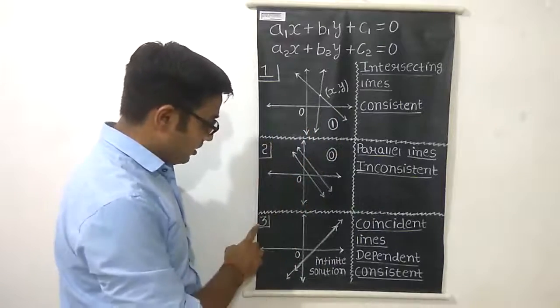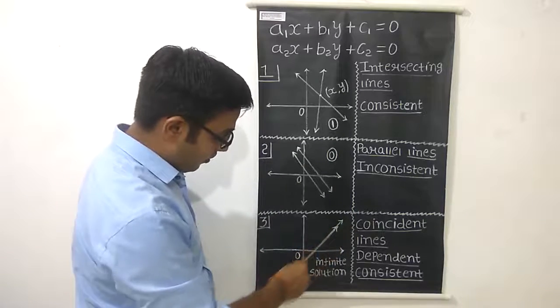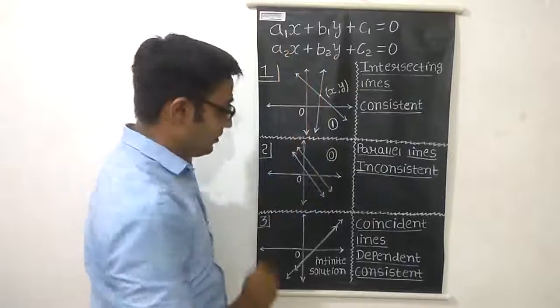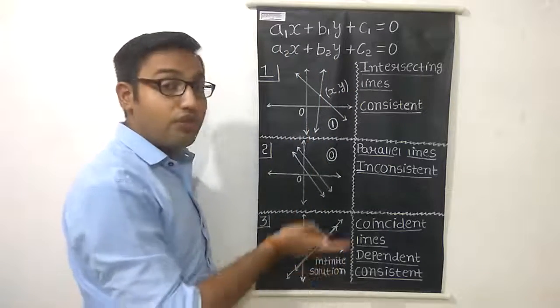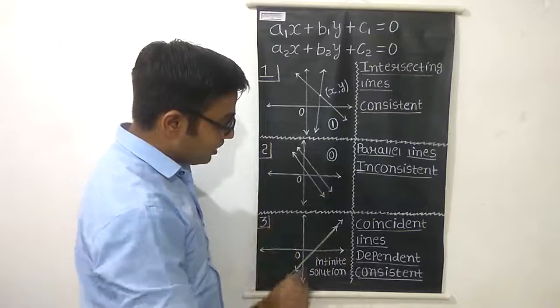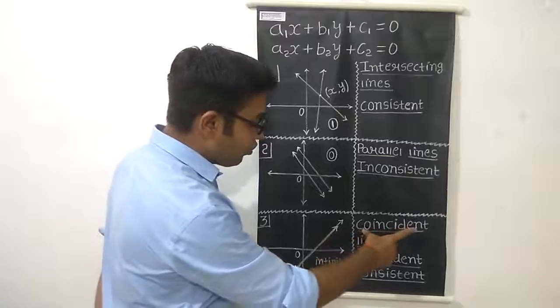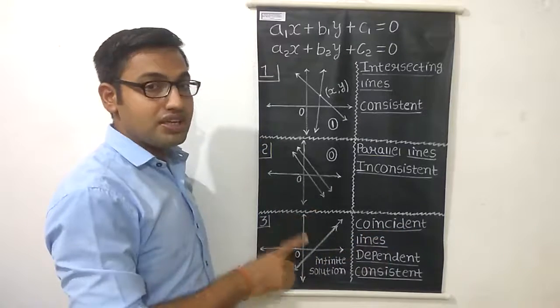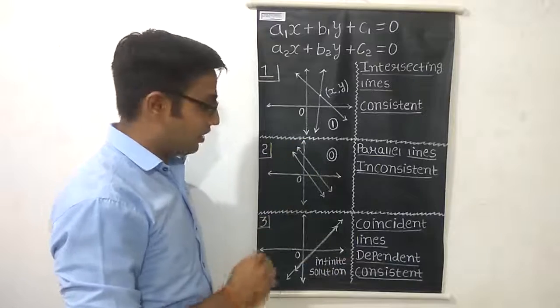Third case, see here this is a line of, suppose, first equation, and second line is also here on the first line. So this type of lines are called coincident lines. Coincident line means one line upon another line, right?